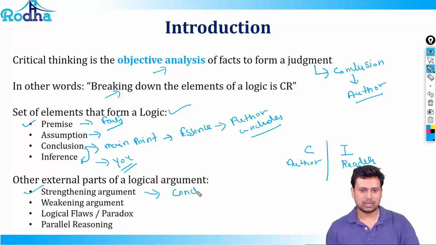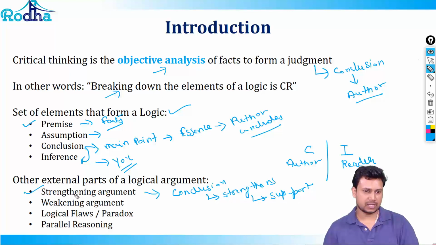So there is a conclusion and something which strengthens it. When you say strengthen, it basically means support. So any argument which is supporting the conclusion is the strengthening argument. Weakening argument will obviously be the opposite. It should weaken the conclusion. So both should attack the conclusion in the first place.